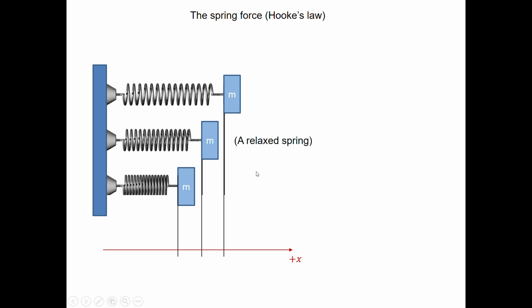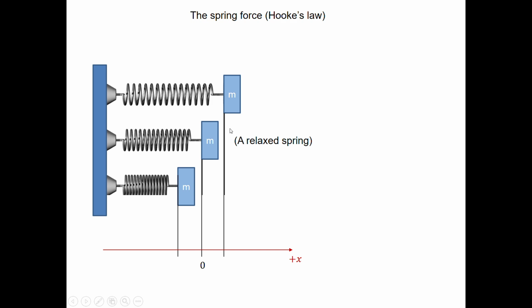Okay, and what we're going to do is pick a location on the mass. I will choose its left edge, and we're going to mark its location on an x-axis over here. And whenever we're considering springs, we draw the positive x-axis in the direction that would stretch the spring. So in this case, plus x is to the right in my diagram.